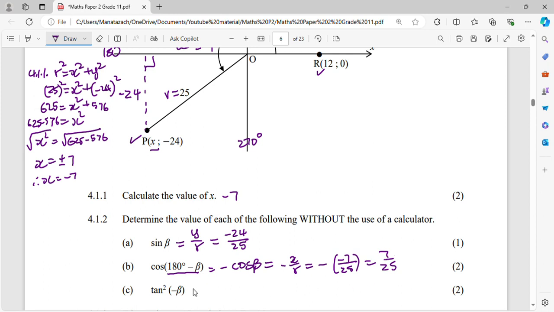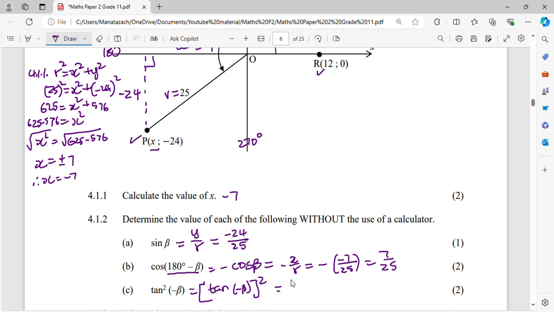And then tan squared minus beta. First of all, we're going to simplify this. You can rewrite it as tan of minus beta, then everything squared. So you're allowed to do this. Now we'll notice that tan of minus beta falls on the fourth quadrant.